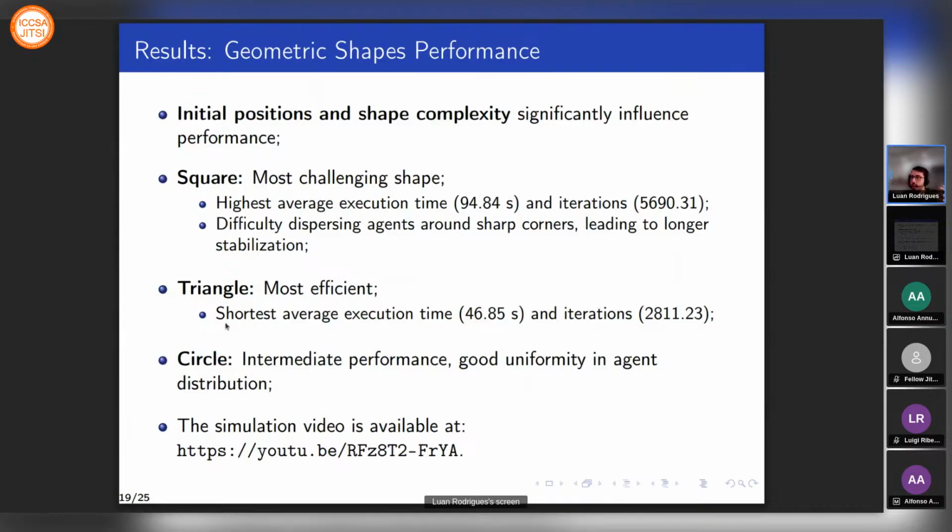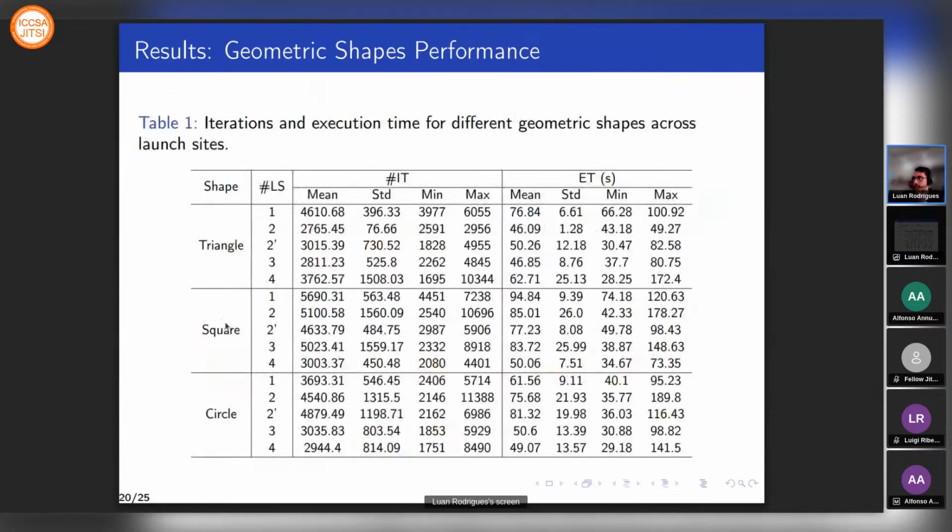And the circle had good performance and uniformity in the agents' distribution. So here we have some of the results for different launch sites, different executions, and execution time in seconds. We can see that the square had the worst results, the most difficult shape.